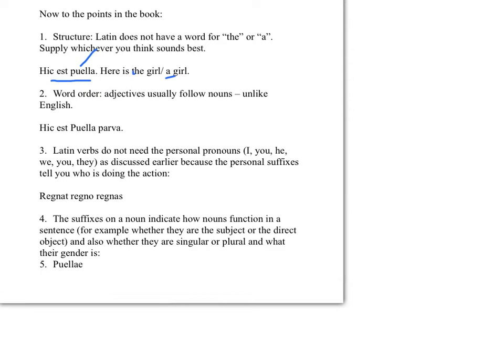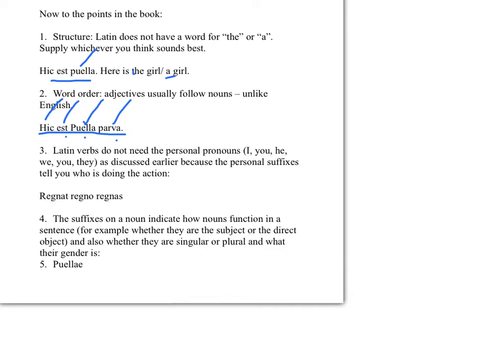The next point is about word order. The book points out that usually the adjective follows a noun. That's unlike English. In Latin, if you would translate this literally word for word into English, it would say hic, here, est, is, puella, the girl, parva, small. So it would say, here is girl, small. That does not sound like good English.